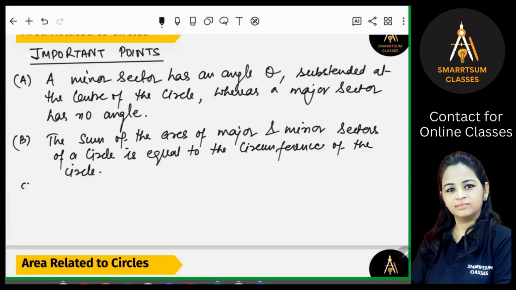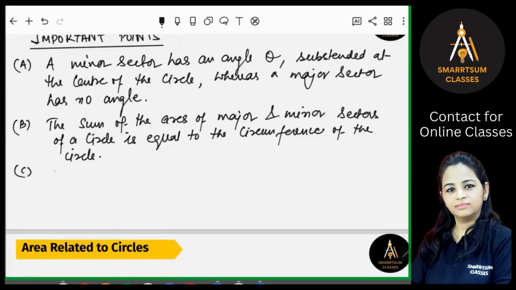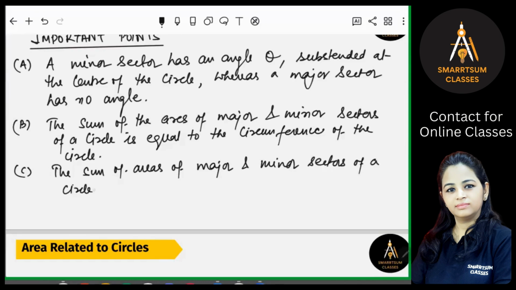Then the sum of the areas of major and minor sectors of a circle is equal to the area of the circle. Means if we add the areas of the two sectors, minor and major, then we get the complete area of the circle.